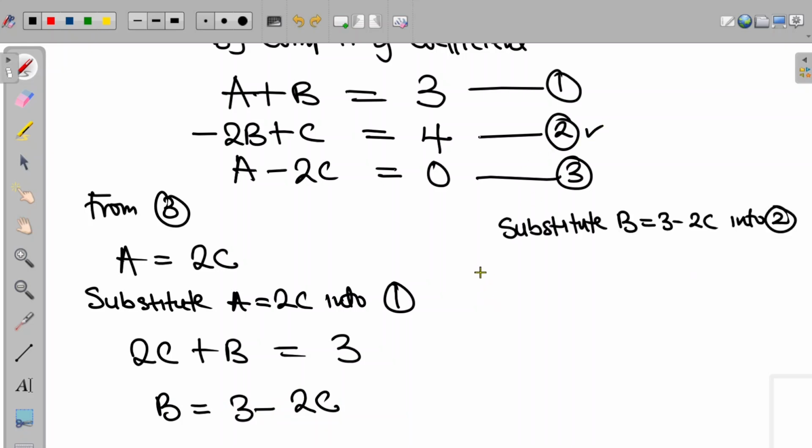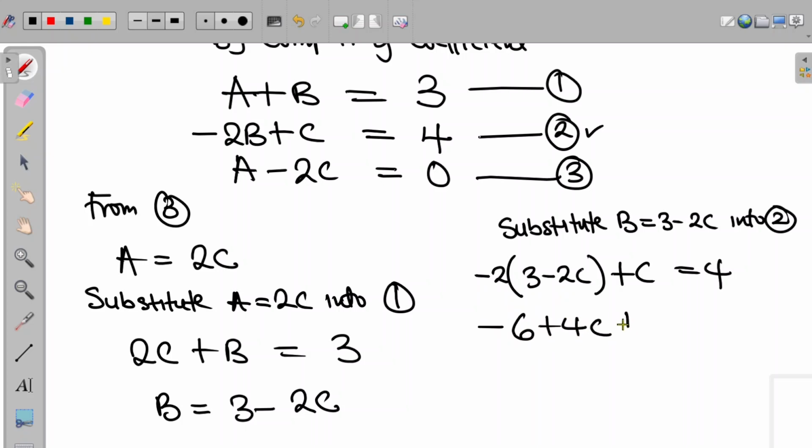So this becomes minus 2(3 minus 2c) plus c equal to 4. Now, we can expand this bracket using negative 2. Negative 2 times 3 is negative 6. Negative 2 times negative 2c is plus 4c, plus c equal to 4.